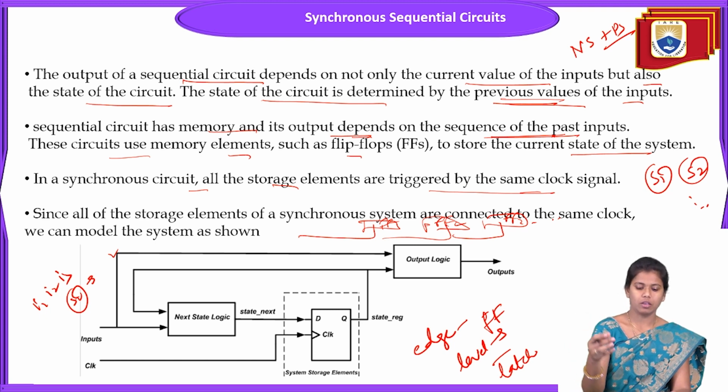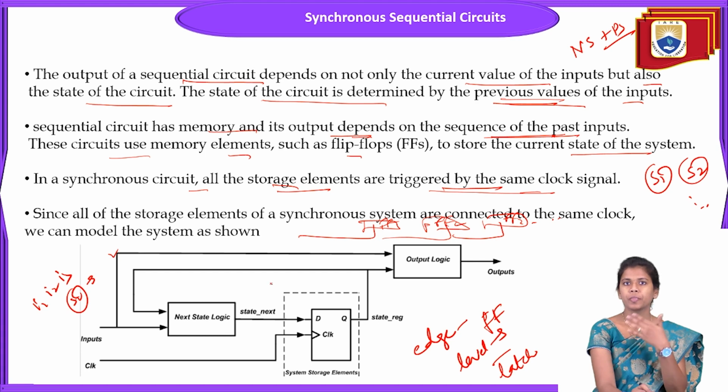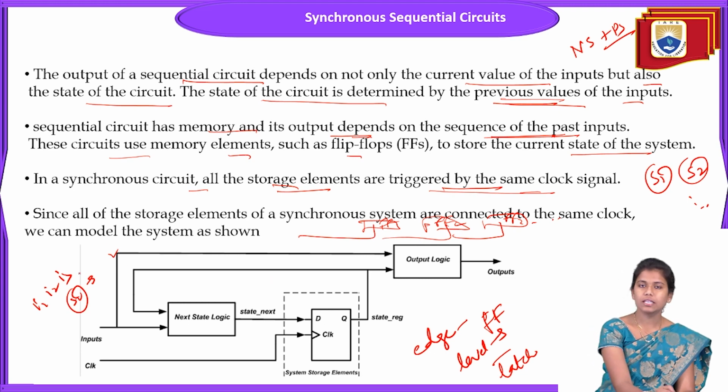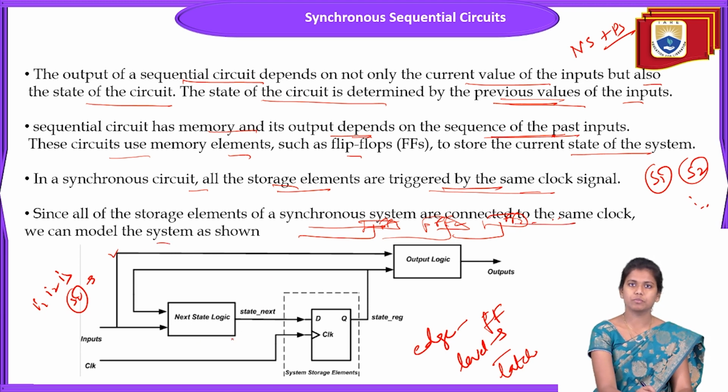You don't see different clock signals given to different flip-flops; for different storage elements, the same clock is triggered. Since all the storage elements of a synchronous system are connected to the same clock, we can model the system. So we are saying that the same clock is triggered to all the memory elements.